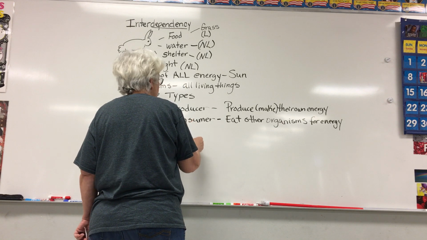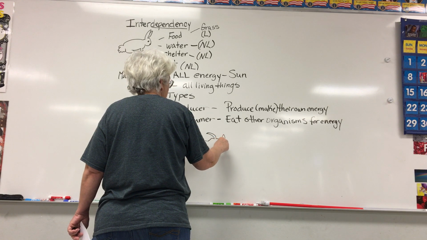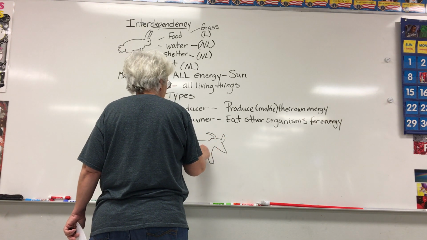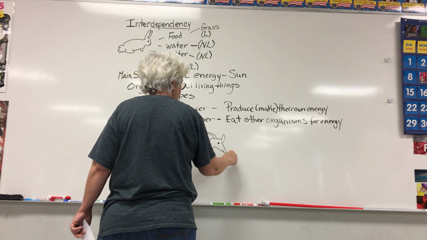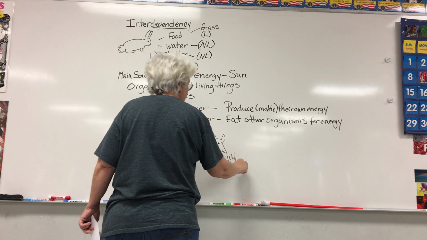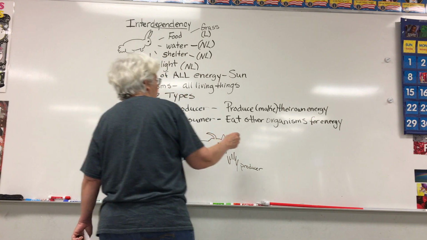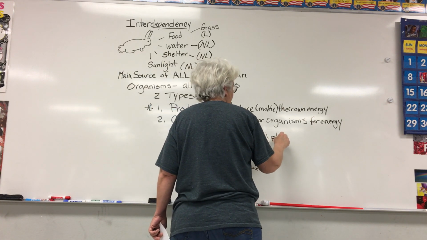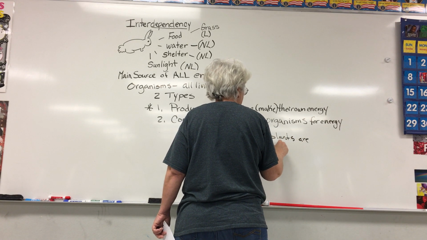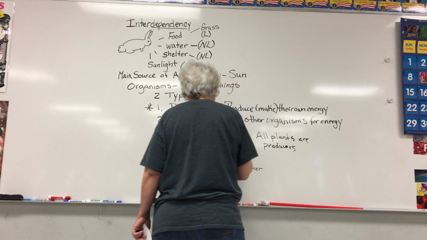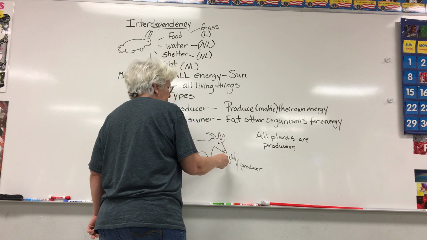So if you have a consumer, and say the consumer is a goat. That's not a very good goat, but. And what does a goat eat? A goat eats grass. And grass is a producer. Remember, all plants are producers. Okay? So the little goat, put a little nose on it. The little goat eats the grass.